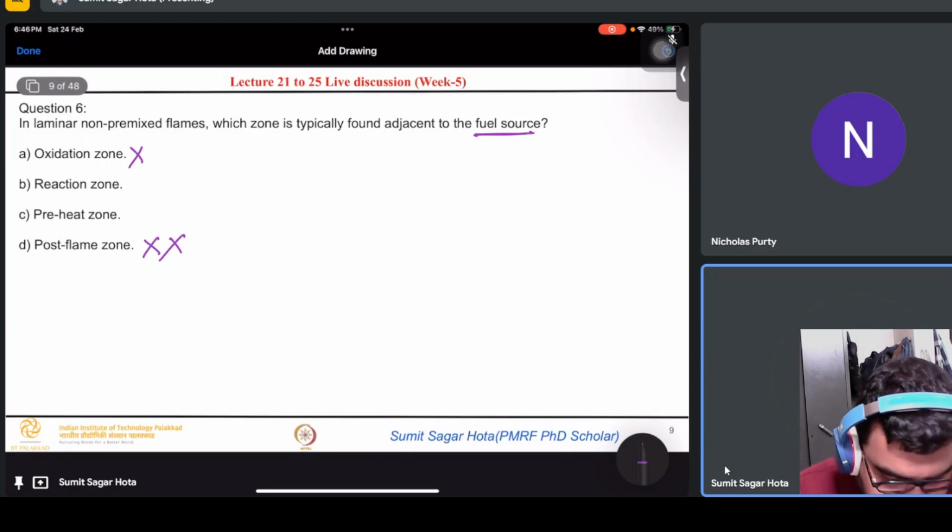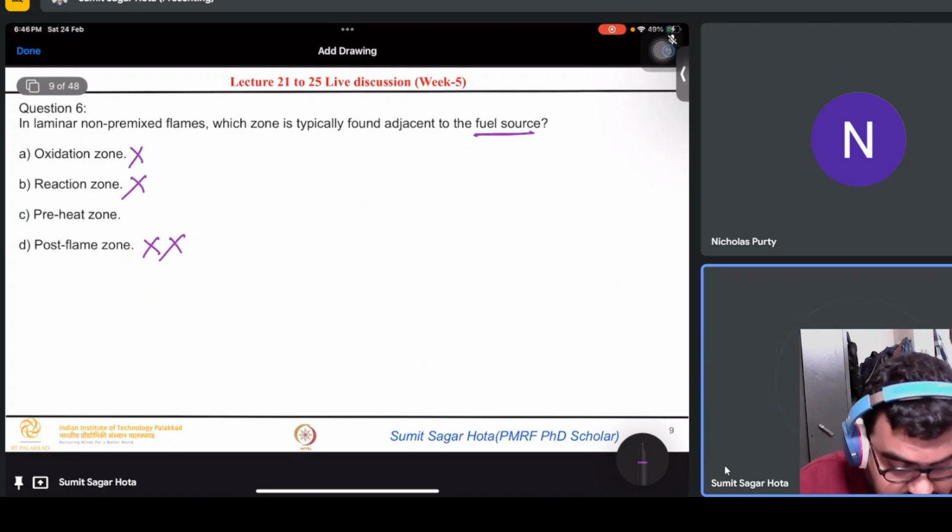Then the reaction zone: where there is oxidizer and fuel, only there will the reaction form, so the reaction zone cannot be nearer to the fuel source. Wrong. Now one thing left is preheat.